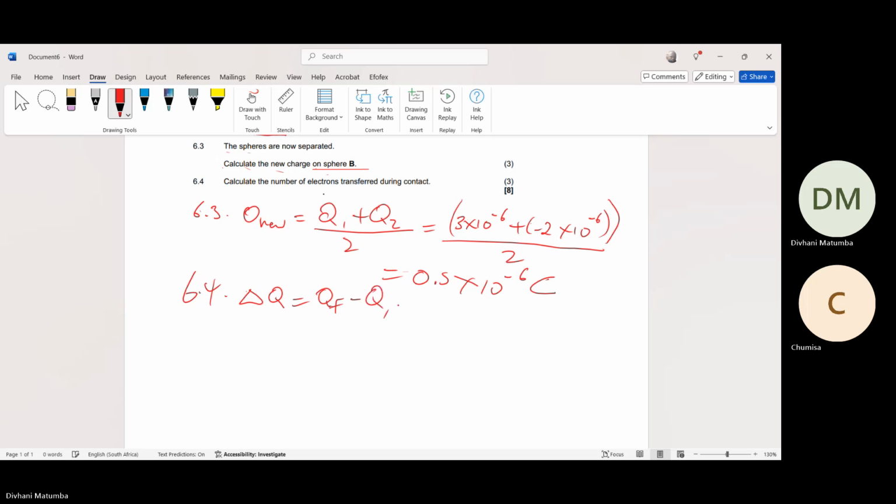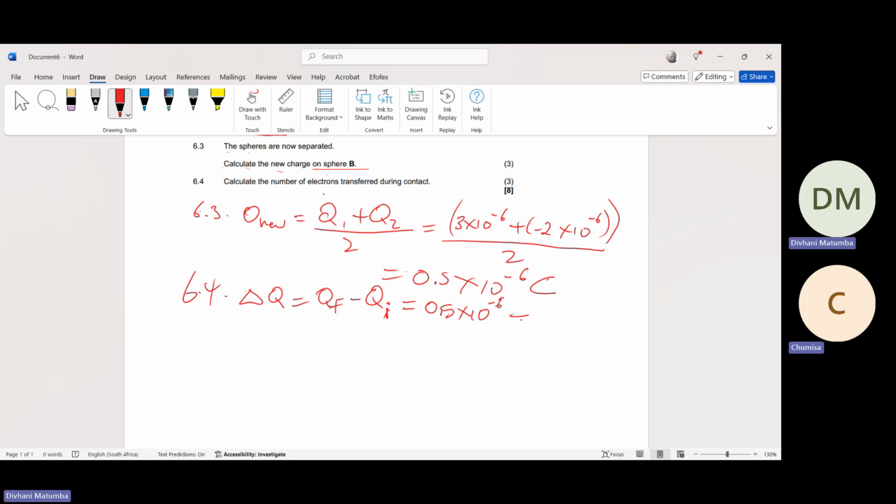I like how you know all these things by heart. You make it look very easy. Okay, Q final is what? 0.5 times 10 to the power of minus 6.